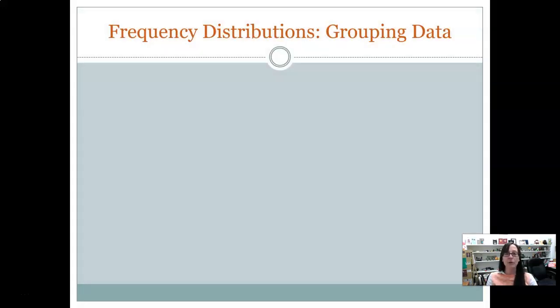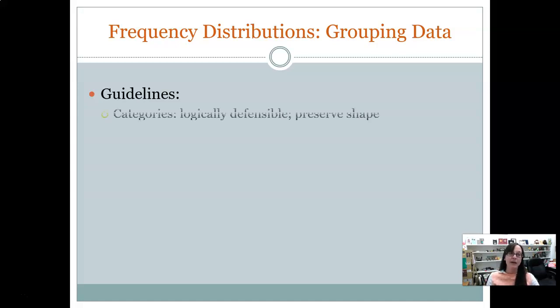So, guidelines for when you're wanting to do grouping of the data within frequency distributions. Again, this is just for one single variable. The categories should be logically defensible, so it makes sense to put those together, and it preserves the shape. Remember, we have the shape of our variables.